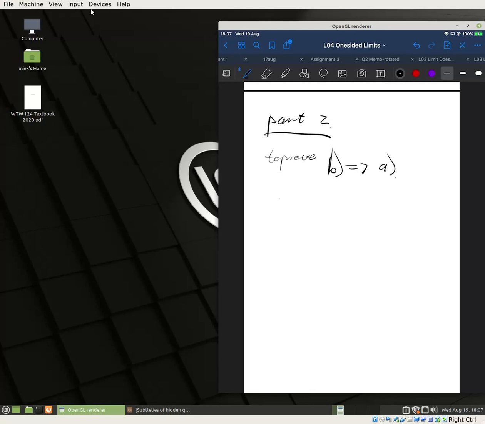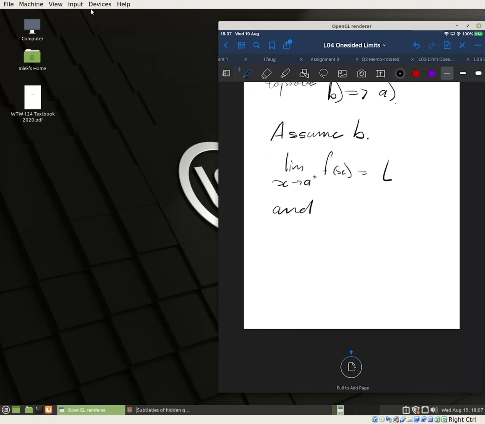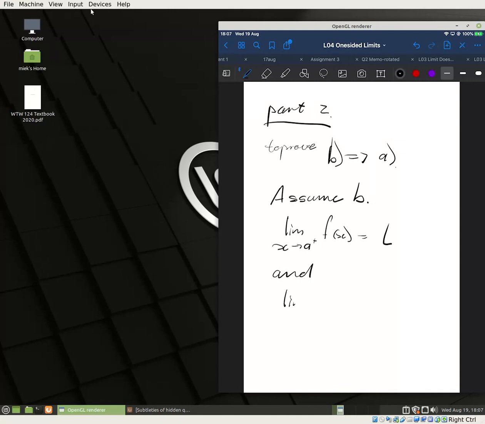Okay, so what will we do? We will assume B, which says that the limit as x tends to A from the right of f of x is equal to L, and the limit as x tends to A from the left of f of x is equal to L. And since we are assuming this, remember these are now shops.